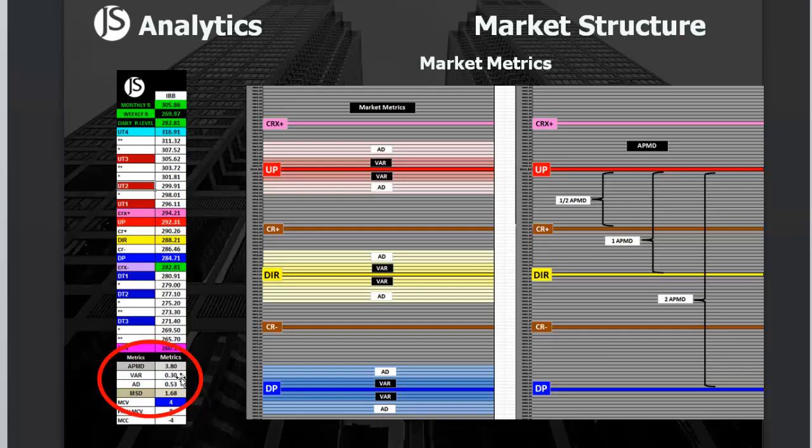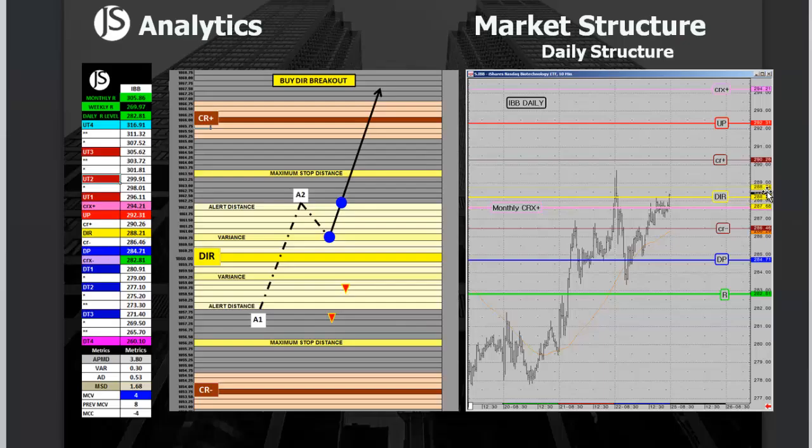Then we have our variance at 30 cents, alert distance at 53 cents, and I've also added a maximum stop distance at $1.68. So that would be the maximum amount that you'd want to risk on any opportunity in this market. I've put the alert distance metrics on the daily structure because it's important.